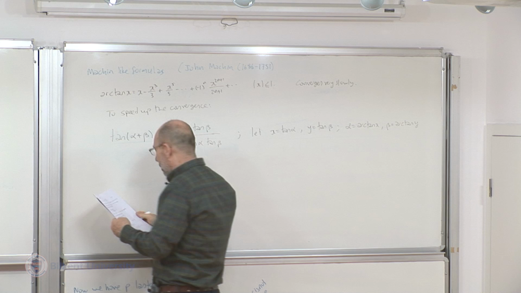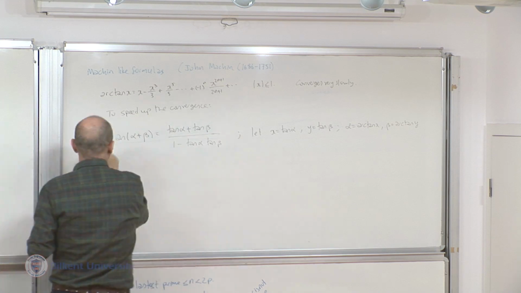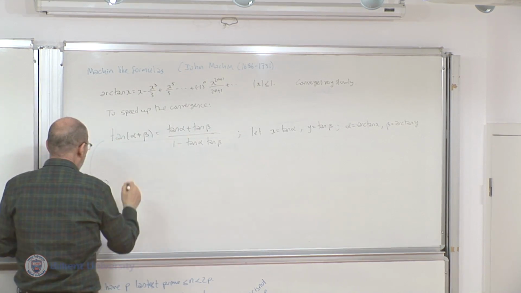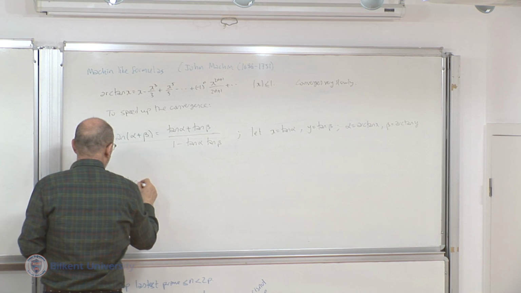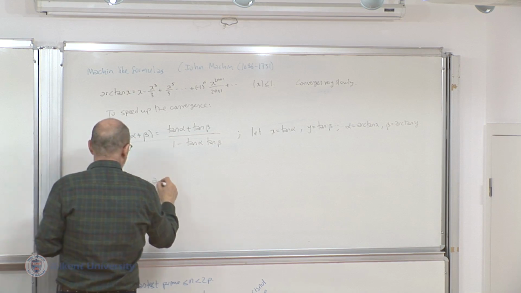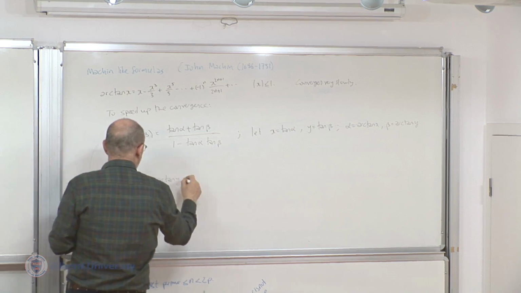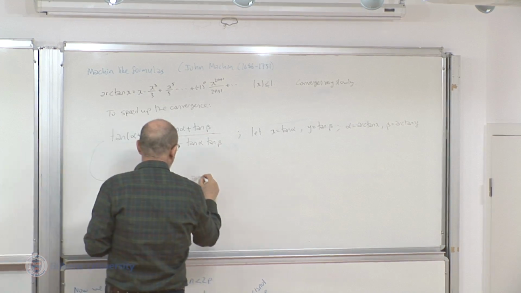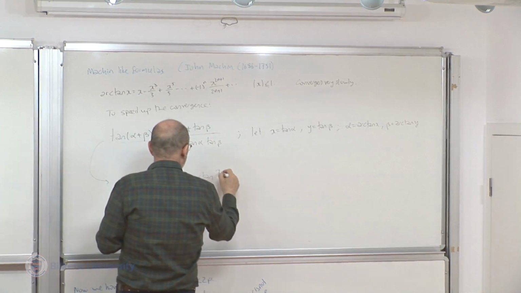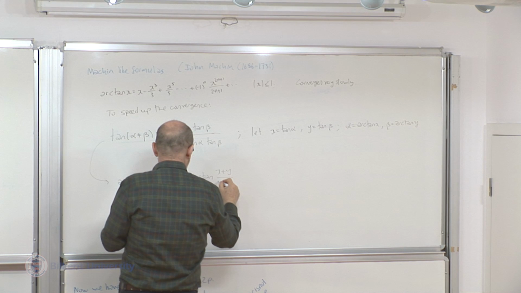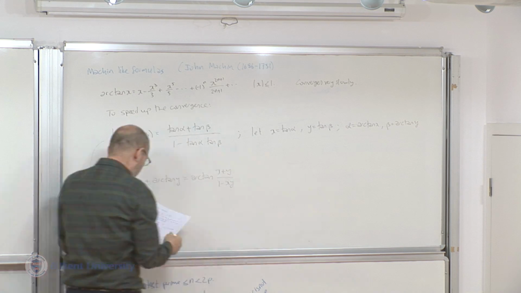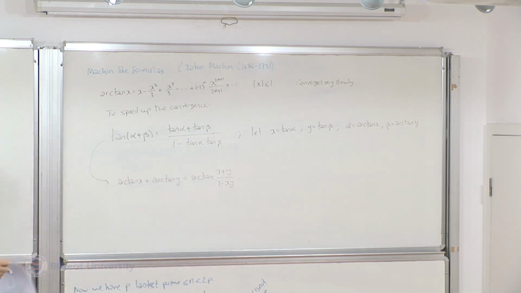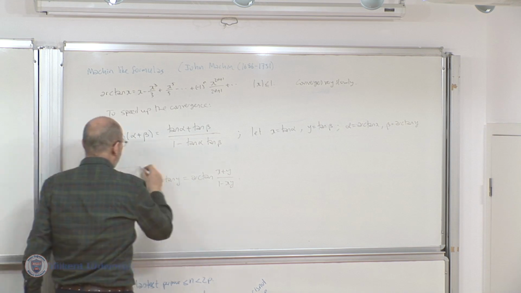Okay. So this thing becomes arctangent x plus arctangent y is equal to arctangent of x plus y over 1 minus xy. Okay, so this is the great formula.